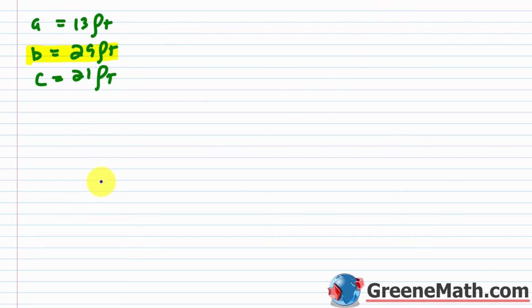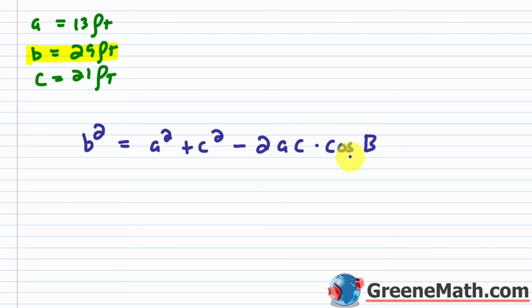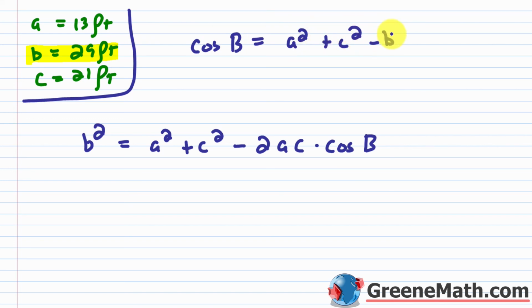So I'm just going to give you this formula. Again, if you wrote out B squared is equal to A squared plus C squared minus 2 times A times C times the cosine of B, okay? And you solved it for the cosine of B, you're going to end up with the cosine of B is equal to, we'll say A squared plus C squared minus B squared all over your 2AC.